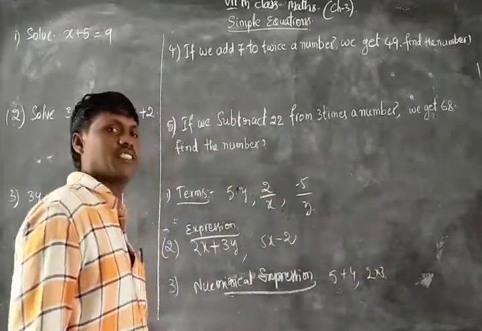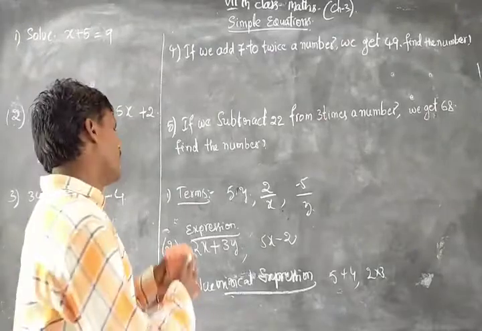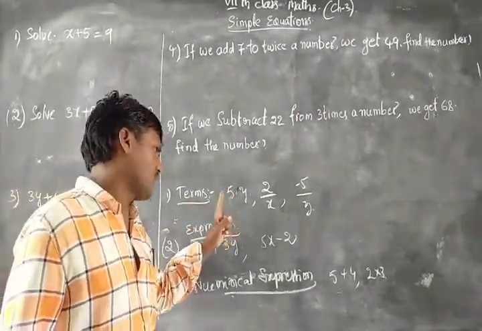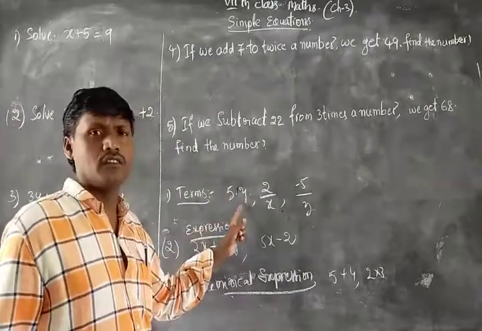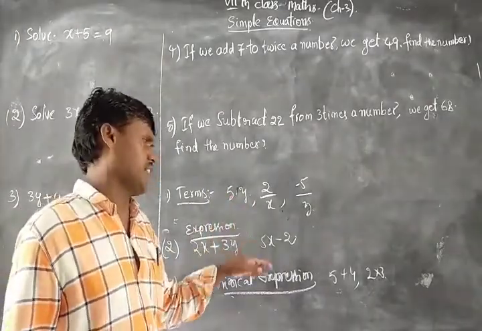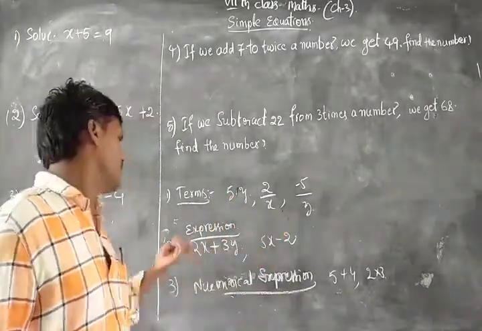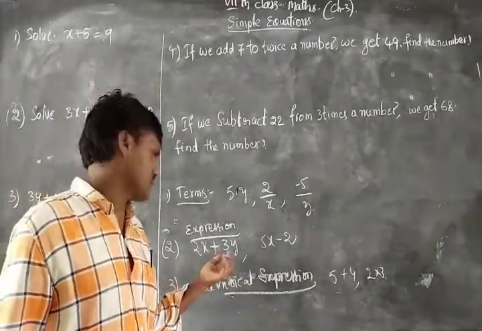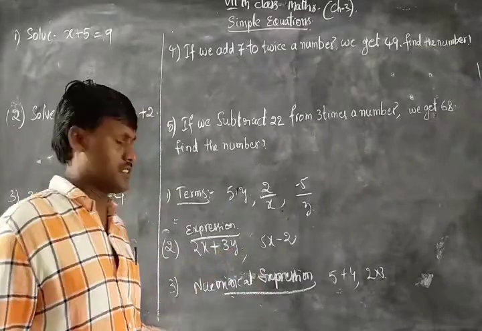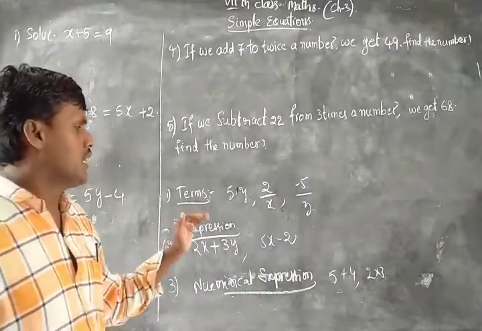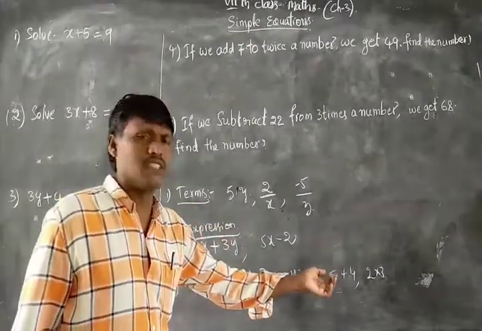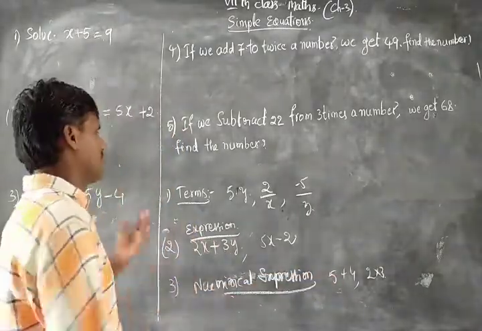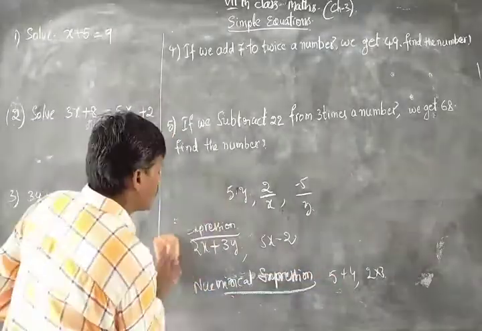This kind of expression is called a numerical expression. First we learned terms: a term is a product of constant and variable. I gave some examples. An expression is two or more terms connected by plus or minus. A numerical expression is one where every term of the expression is a constant.